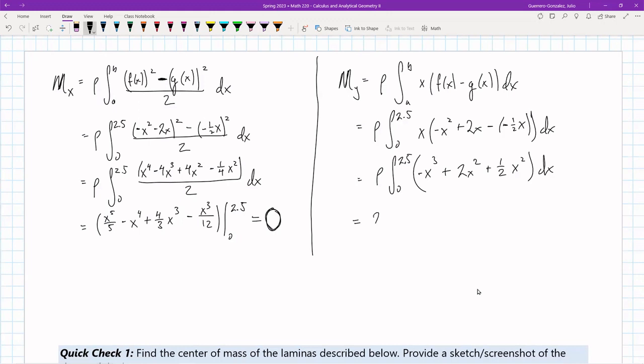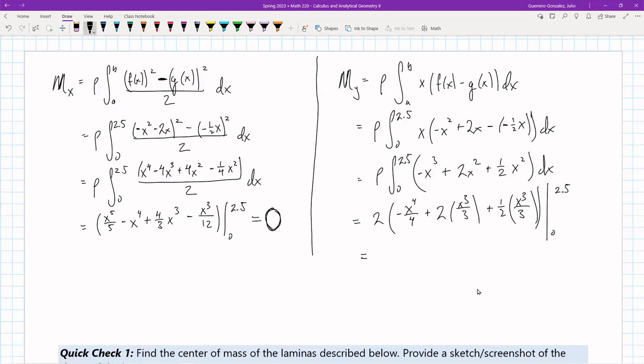So it's going to be 2 times negative x to the 4th over 4 plus 2 x cubed over 3 plus 1/2 x cubed over 3, evaluated at 0 and 2.5.